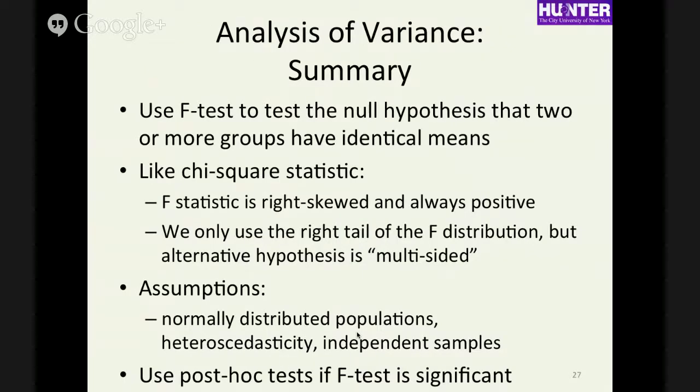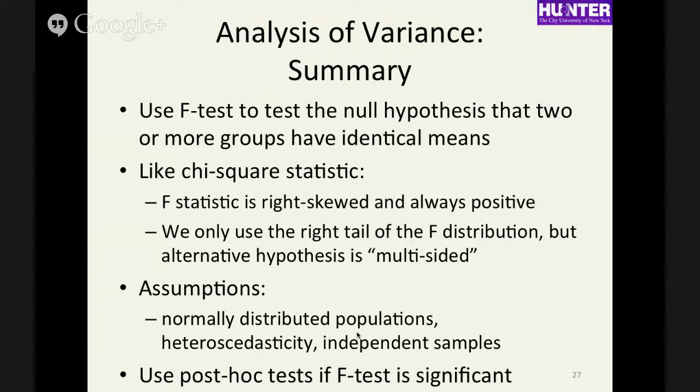All right, so time to wrap up. We use the F-test to test the null hypothesis that 3 or more means are not identical, or the null hypothesis that several groups have the same mean. And like the chi-square test, the chi-square distribution, we use just the right tail of the F distribution, even though it is inherently a two-sided test. We have these assumptions: normally distributed population, homoscedasticity.